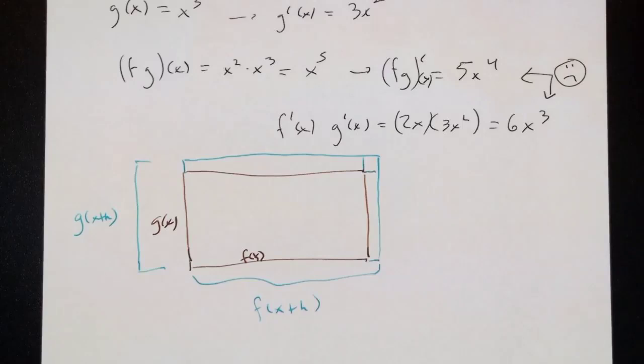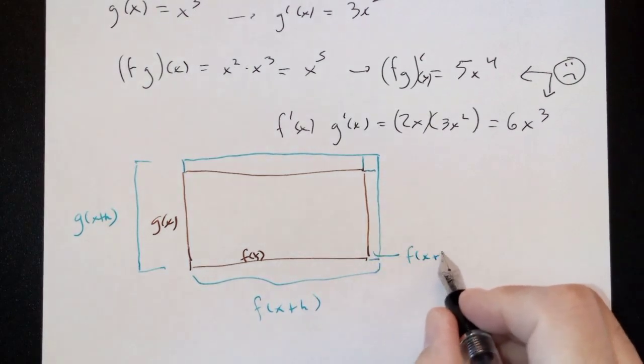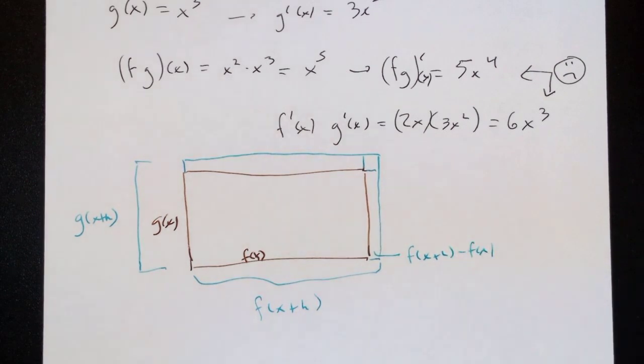That's the difference between the big width and the little width. That's the difference in x values. But that's only the horizontal distance. What's the vertical distance of that piece? This rectangle here has a height of g of x.